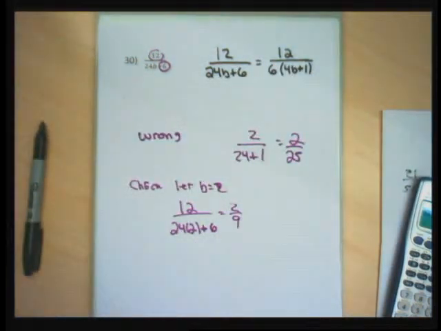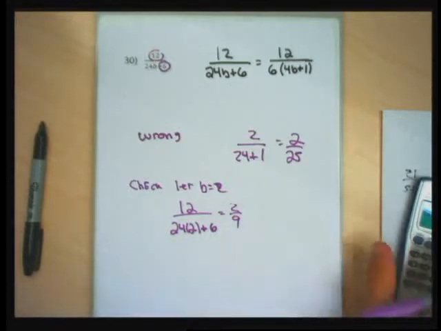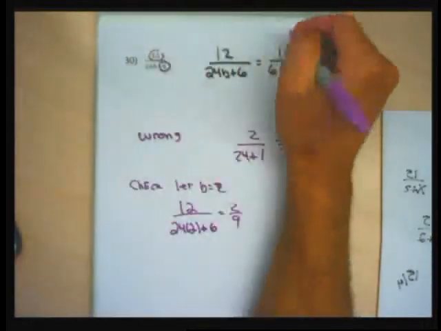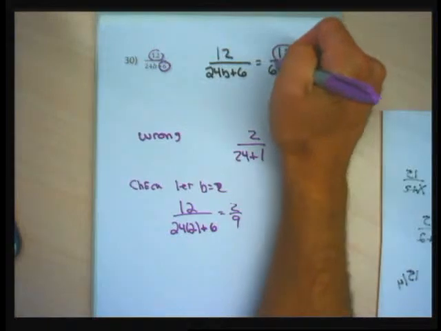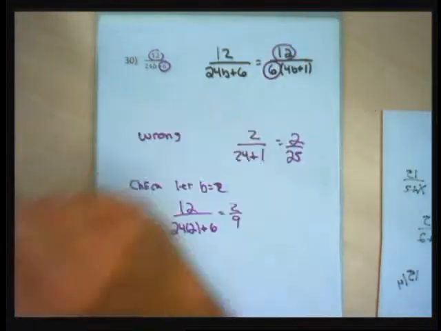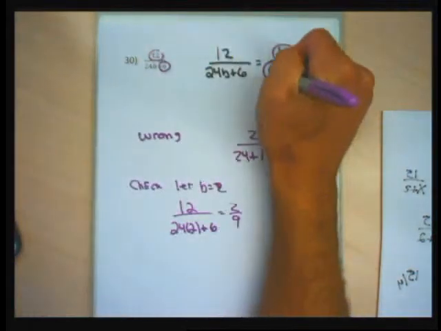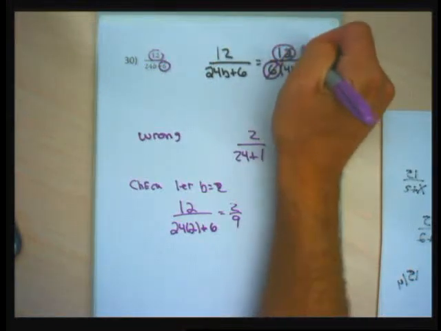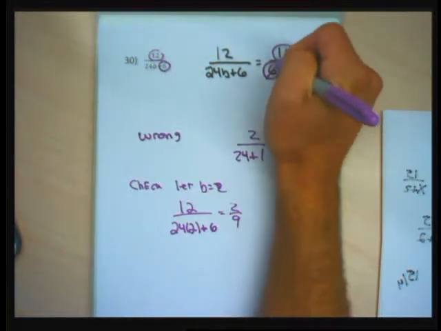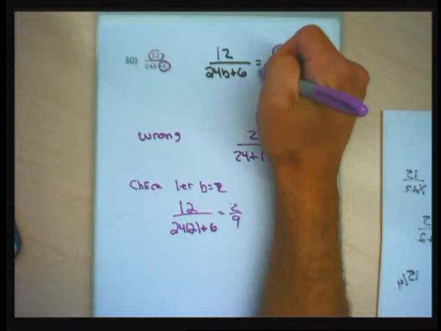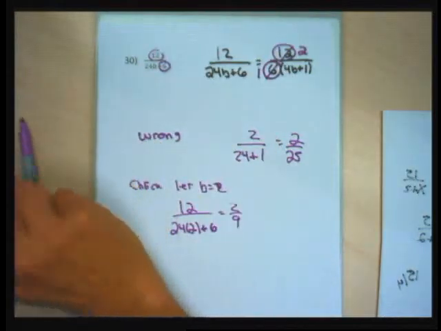What I've done now is produce a single number in the denominator that's free of the plus sign. And single numbers free of plus signs cancel with single numbers. I'm going to cancel this 6 and this 12. 12 divided by 6 is 2. 6 divided by 6 is 1.